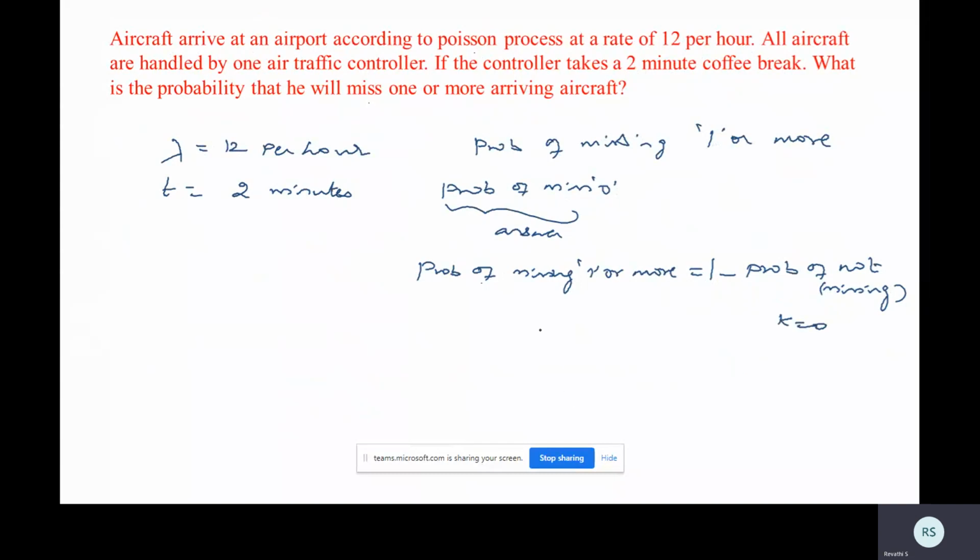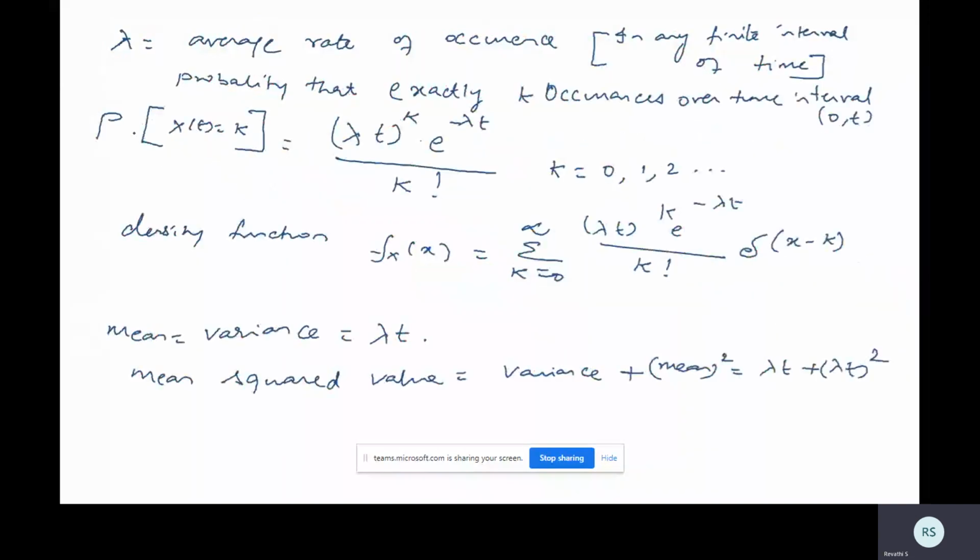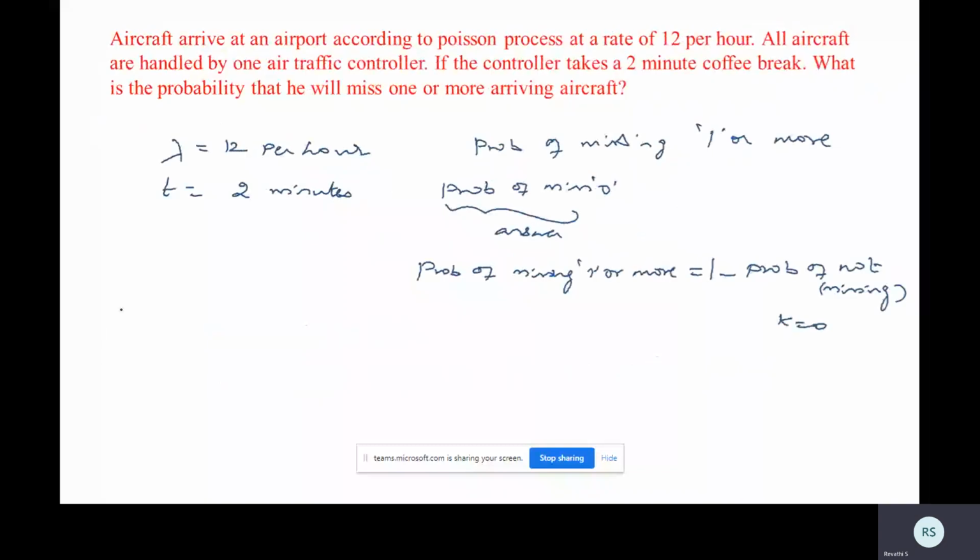You are just going to use this formula. What is the formula? Probability of X of t equal to k equals (lambda t) the whole power k e power minus lambda t divided by k factorial.